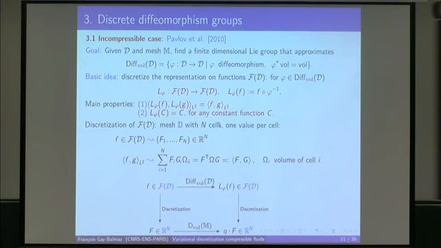So it's a kind of a hard task, right? If you have a group of diffeomorphisms, to find a good finite dimensional approximation. So what they did in this initial paper, they looked for a group action on discrete functions that preserves some of the properties of the initial diffeomorphism group.